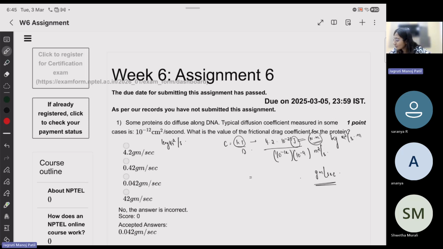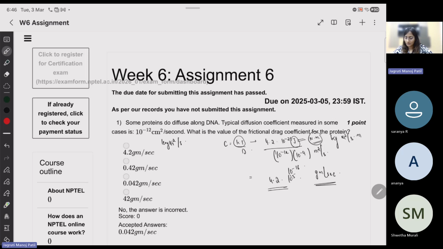If you just look at these, this essentially adds up to 16, and then it will give you 5. So this 5 would be minus 5, and then you do 4.2 times 10 to the minus 5.